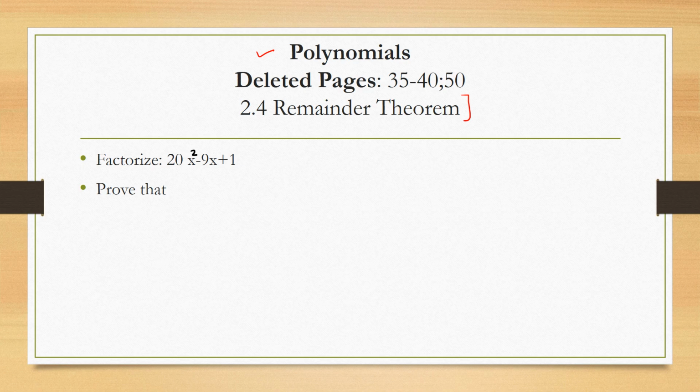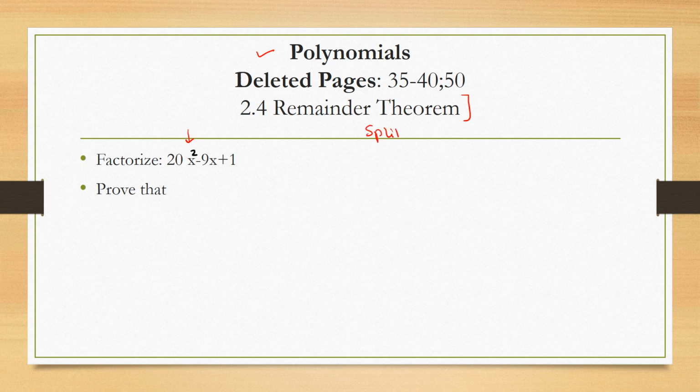Here the first question is factorize. As you know, the degree of this expression is 2. Highest power is called degree, it is 2. So zeros will be 2. But we have to simply factorize it, that is split it. There are various methods, but what we are going to use is the splitting the term method.